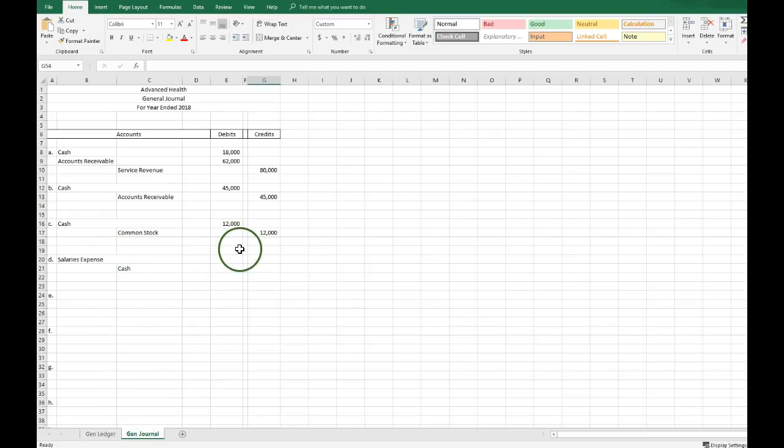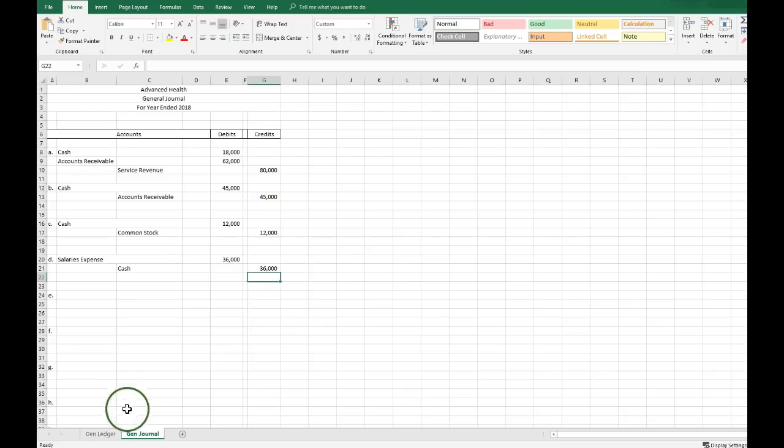Let's go ahead and do this one. Salaries expense. It says we paid salaries expense of $36,000. So we debit salaries expense because we increase expenses with the debit. And we're paying cash out the door, so we need to decrease, in other words credit, cash, $36,000.